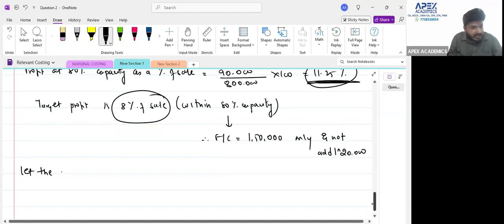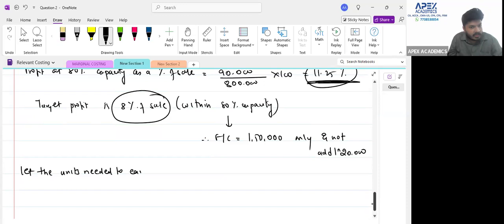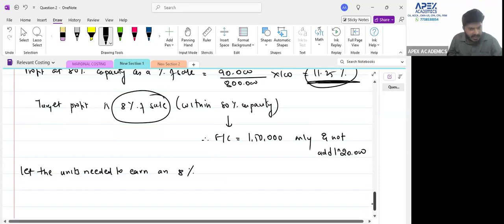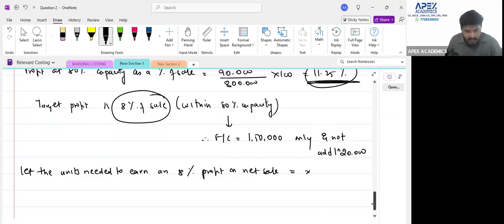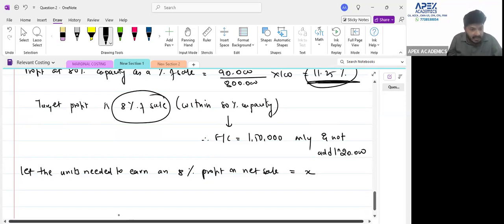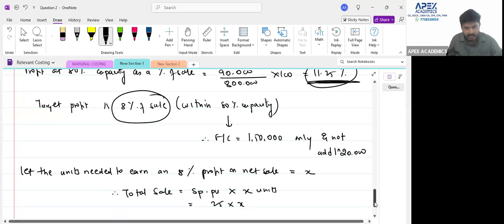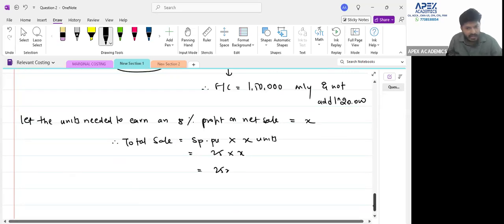Let the units needed to earn an 8% profit on net sale be equal to X. Therefore, total sale will be selling price per unit multiplied by X units, which is equal to 25 multiplied by X, which is equal to 25X.